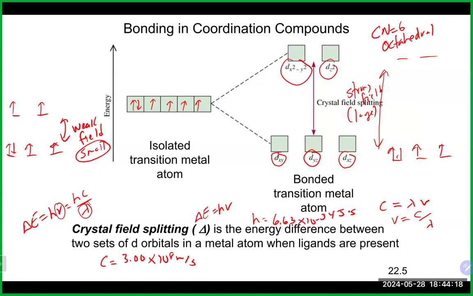I'd much rather pair up down here until I'm forced to make my journey up there. So what is sometimes going to happen with these complex ions is it will create what is referred to as a high spin complex because it has a lot of unpaired electrons, very paramagnetic, versus something that is referred to as a low spin complex, which has a lot more paired electrons than unpaired electrons.